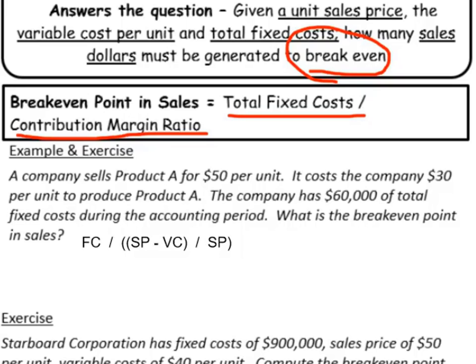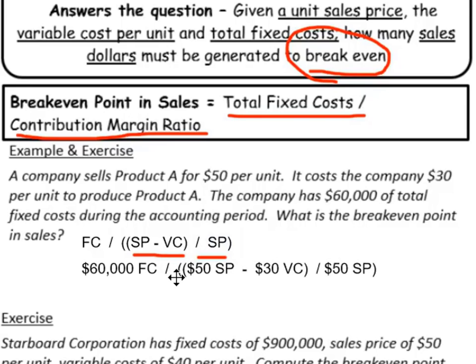So again, we can take a look at the break-even point in sales formula, and it's our fixed costs divided by our contribution margin ratio. And you can see here the contribution margin ratio is represented by our selling price minus our variable cost, which equals our contribution margin, divided by our selling price. So we plug the information in from our problem.